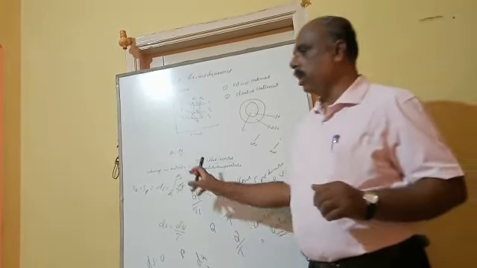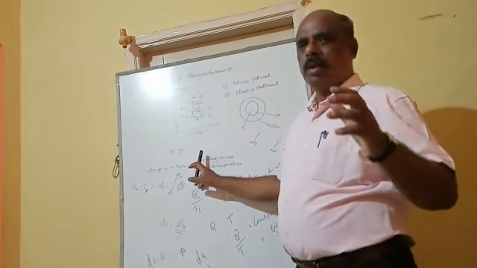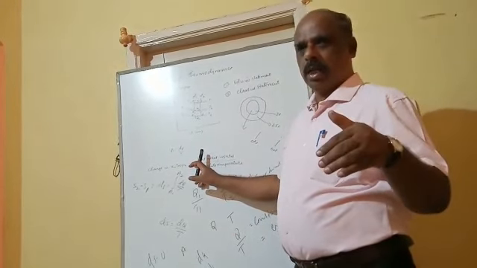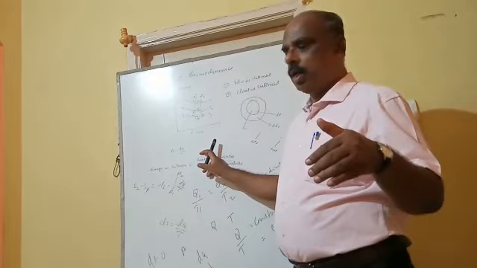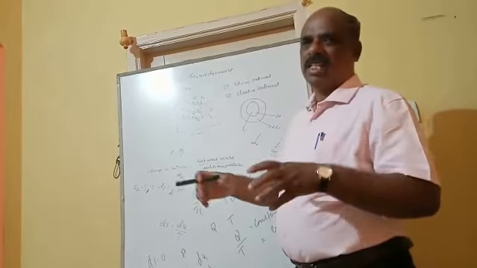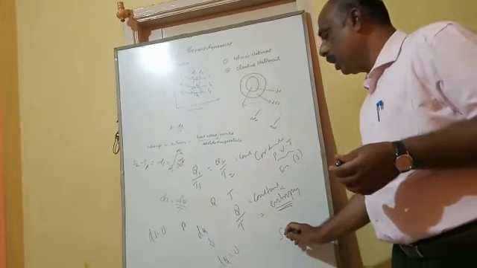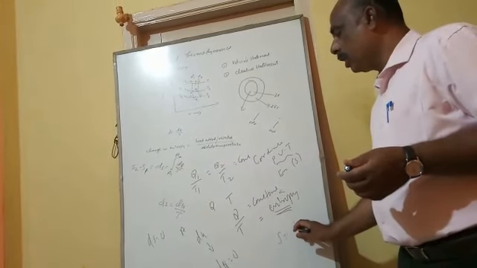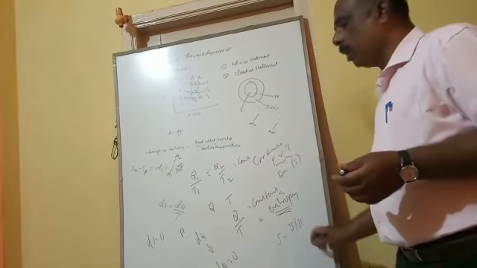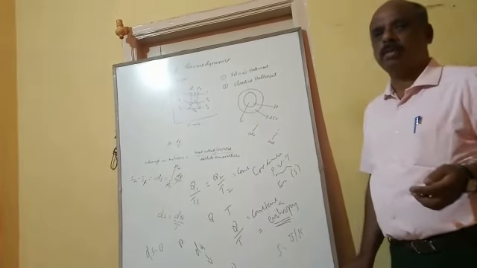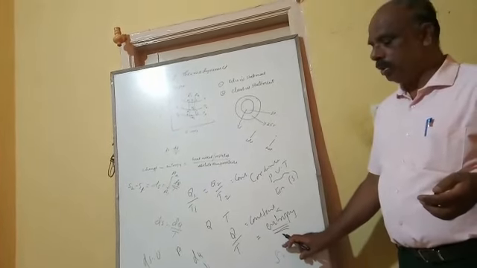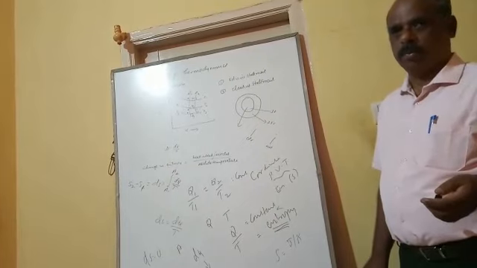Entropy will have the same units as heat divided by temperature, that is, S is measured in joules per Kelvin.